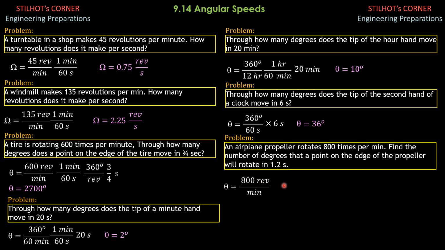Then we multiply by 1 minute per 60 seconds, and that would now be in revolutions per second. Then we multiply further by 360 degrees per revolution, so the unit is now degrees per second. Then finally, we multiply by 1.2 seconds.